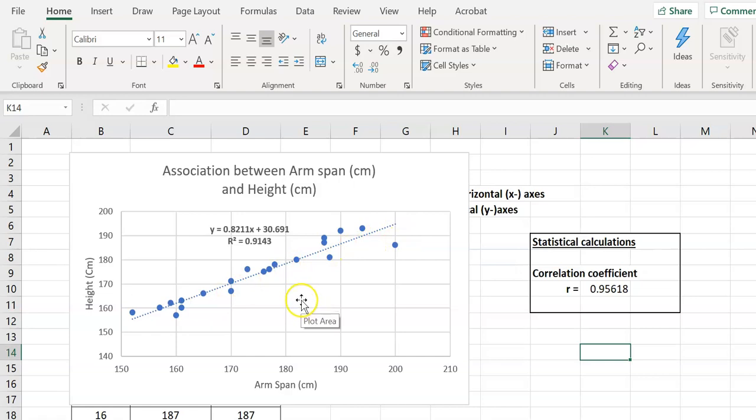In terms of strength and direction, strength looks pretty strong, and direction going from left to right is positive. Now, the correlation coefficient backs up our claim that it's a strong correlation because it has a value of 0.95618, which is quite close to 1.